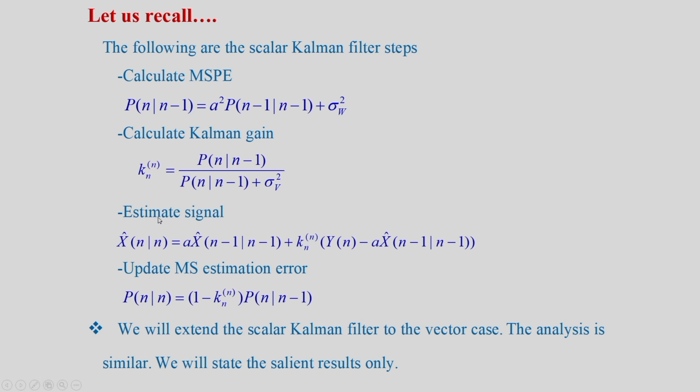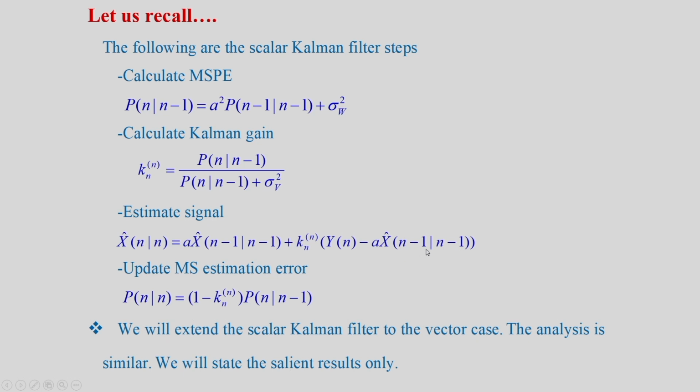Then we estimate the signal. X at n given n is equal to a times x at n minus 1 given n minus 1. This is the predicted part and there is a correction part here, that is Kalman gain kn multiplied by the innovation part, yn minus a times x at n minus 1 given n minus 1.